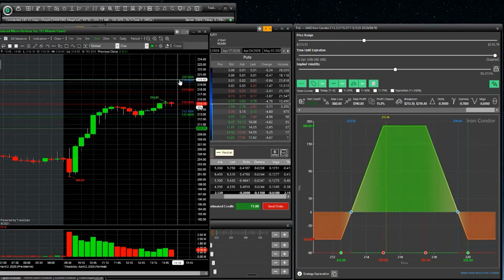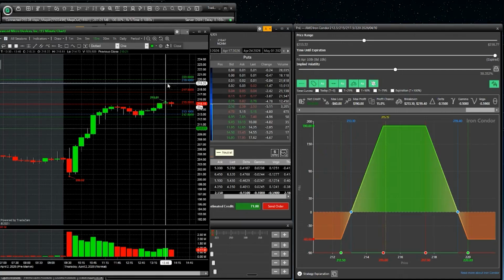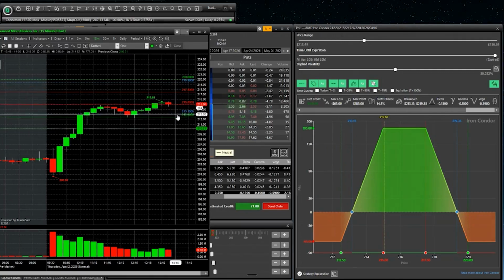If we fall below or above one of these lines, we are at max loss, which is a $60 loss. Now, if we fall between the break-even points, which are the blue lines, 219.40 and 213.15, and the green lines, that's still a loss. But look at the graph.